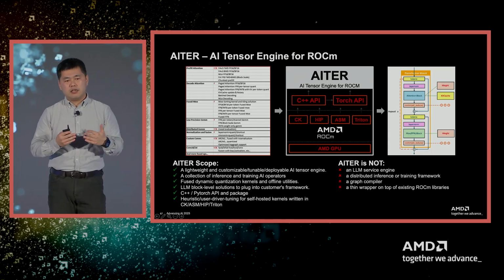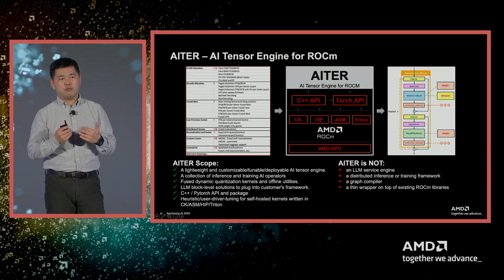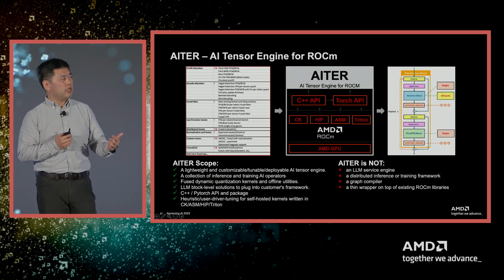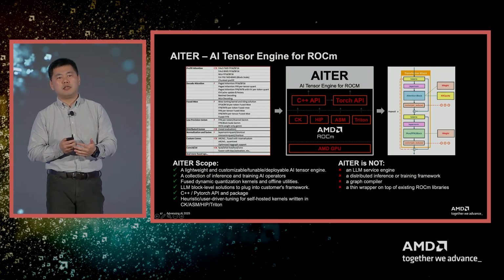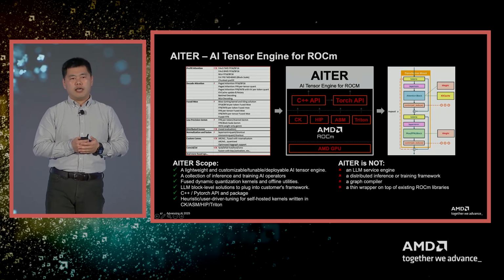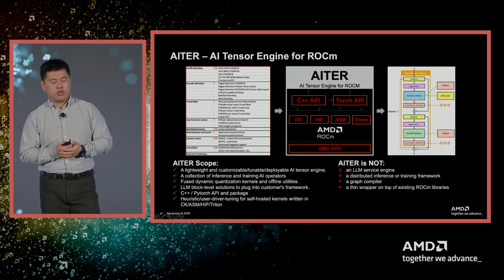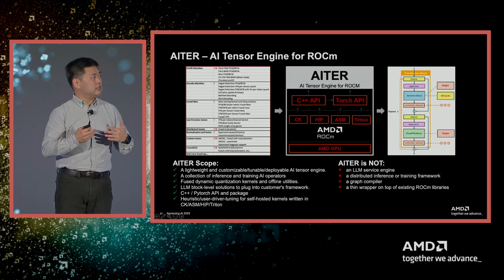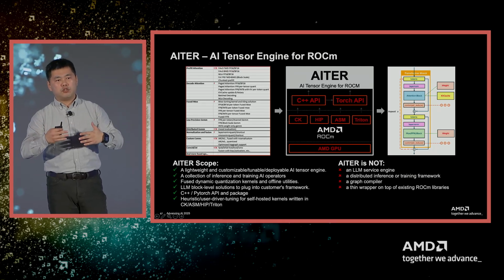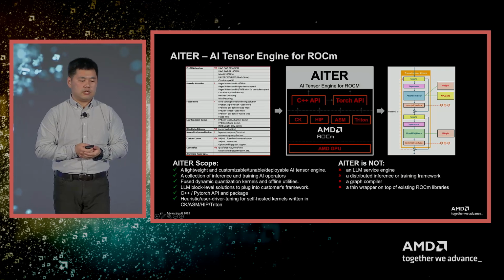And in the backend, AITER uses all the different technologies AMD can provide to form a high-performance AI operator, including our C++ template-based programming language called Composable Kernel, CK, or HIP, or even assembly, and OpenAI Triton. All those operators, written in different approaches, are mapped to a compiled binary that you can be ready to deploy for your use cases.